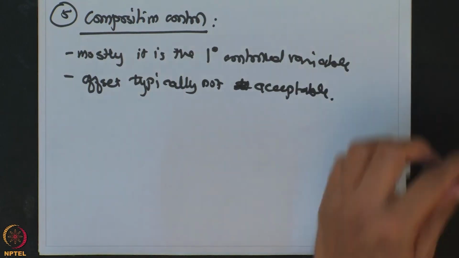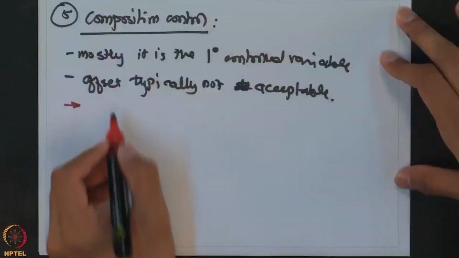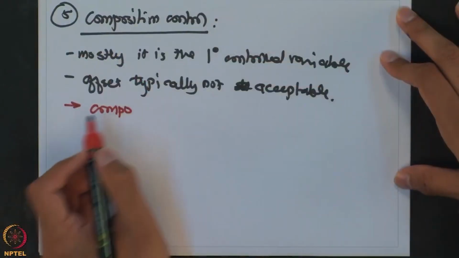So you would typically want to think that it will be a PI or a PID controller, and what happens is composition measurement is typically very slow.